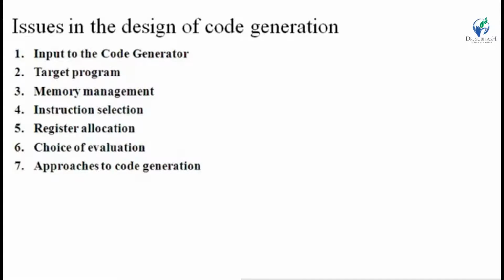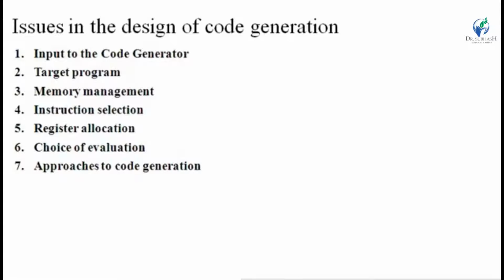There are several types of intermediate languages such as postfix notation, syntax tree, quadruples, DAGs, etc. So the detection of semantic errors should be done before submitting the input to the code generator. The code generation phase requires complete error-free intermediate code as an input.